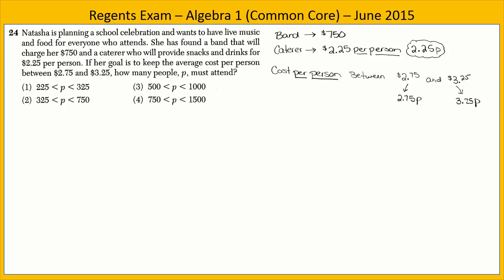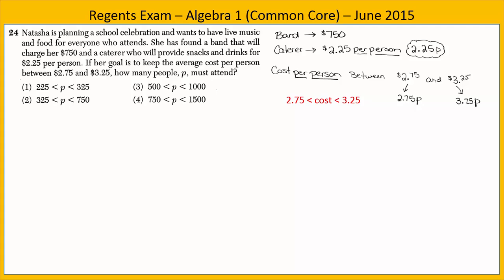Again, this is a cost per person, so we can represent it by 2.75p and 3.25p. Remember that the cost per person is going to be between $2.75 and $3.25. We can write that as a single inequality as shown on the screen.